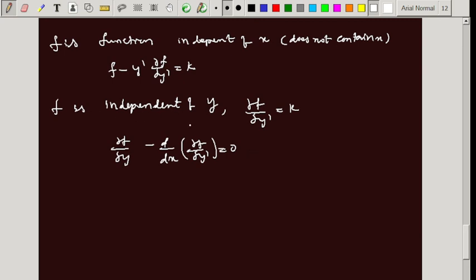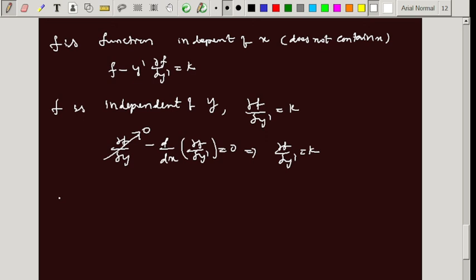Here f is independent of y, means there is no y in the given function. So this becomes 0. Then this one d by dx of dou f by dou y dash equal to 0. So here by integrating this one, we can write it as dou f by dou y dash equal to k.